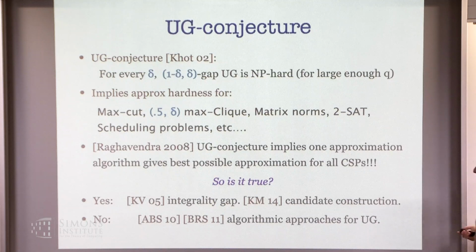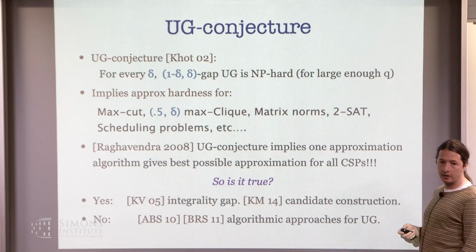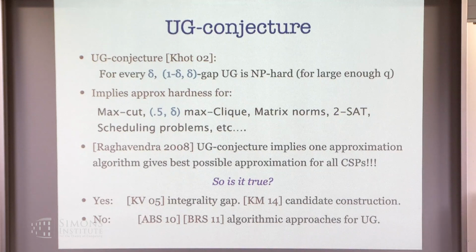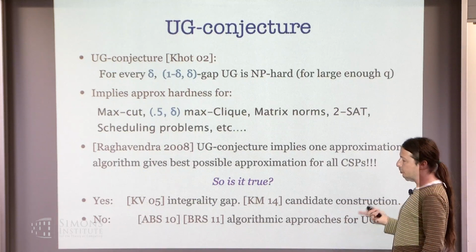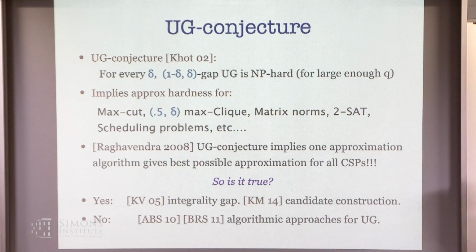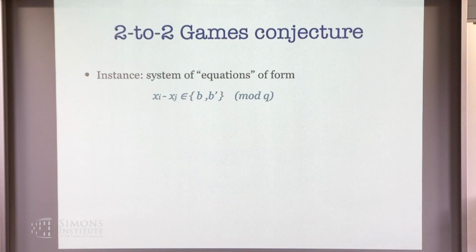There are also other groups that worked on algorithms that try to solve this gap problem. So there are algorithmic approaches that are non-trivial and give some strong results, although they do not solve unique games in polynomial time. And there's more to tell, but I will continue. So yeah, but we still don't know, and therefore we study similar things.